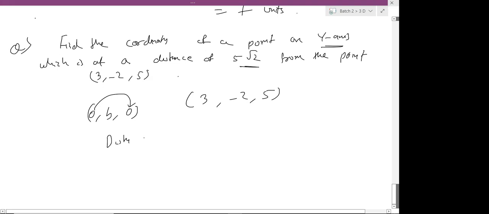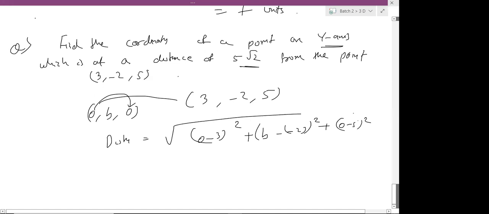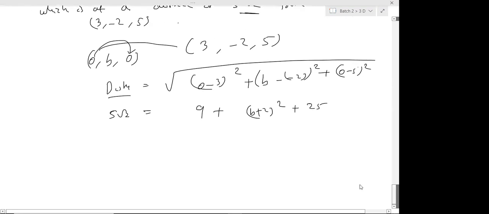Distance will be, this minus this, (0 minus 3) whole square plus (b minus (-2)) whole square plus (0 minus 5) whole square under root. The distance is given as 5 root 2. This equals 3 square is 9, plus (b plus 2) whole square, plus 25, under root. Square both sides: this is 50 and this equals (b plus 2) whole square plus 34.